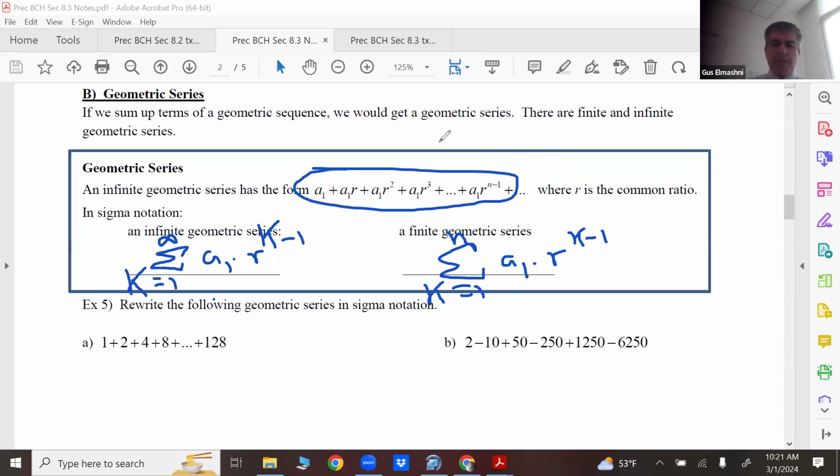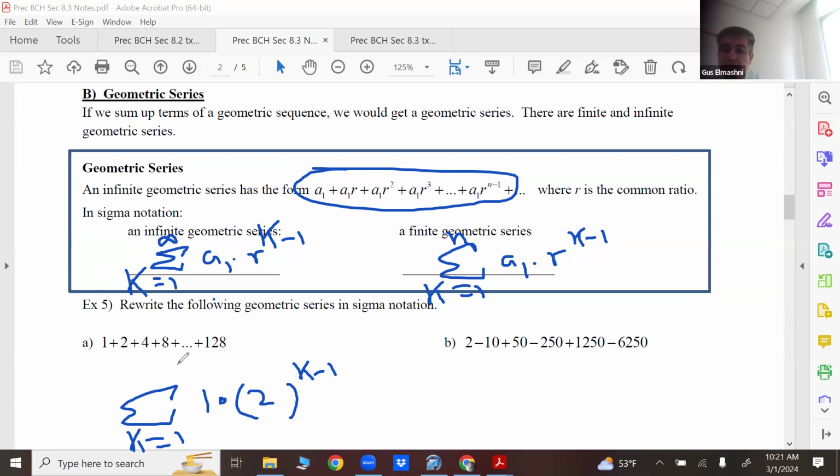So we're going to write the following in sigma notation. K equals 1. What's my first term? 1. What's my ratio here? 2. K minus 1. How many terms do you think we have? What do you guys think? If I'm multiplying by 2, I'm going from 1 to 128.